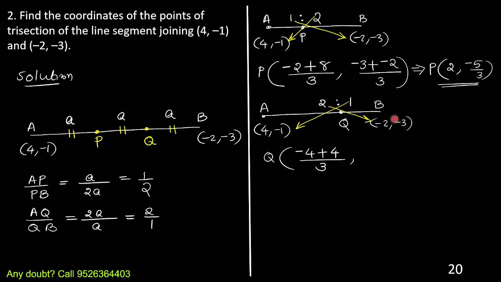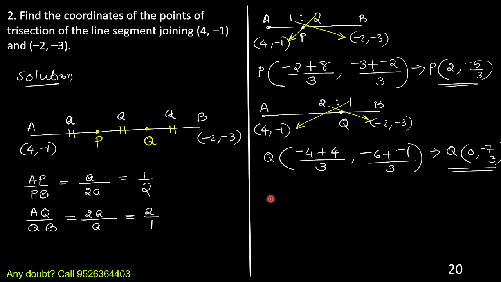In the same way, do the cross multiplication with the y coordinate. 2 into minus 3, minus 6, plus 1 into minus 1, minus 1. Divided by 2 plus 1, the ratio to be added. We get Q as (0, -7/3). So we got the points of trisection.